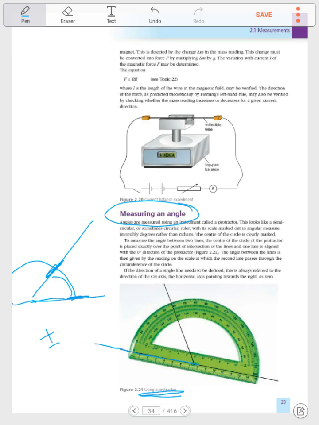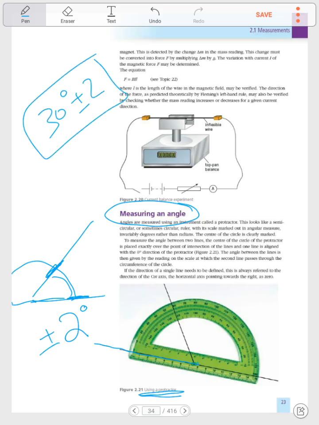The error in the protractor is plus minus 2 degrees. So if your value is 30 degrees, the value is 30 plus minus 2. This is the way to find the angle. Or you can start from 90 till the value here and subtract this angle from that angle to find this value.